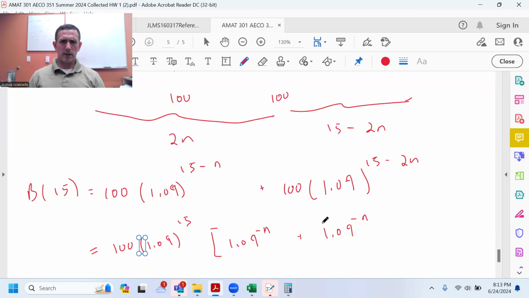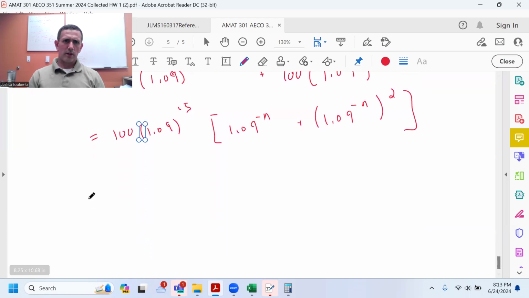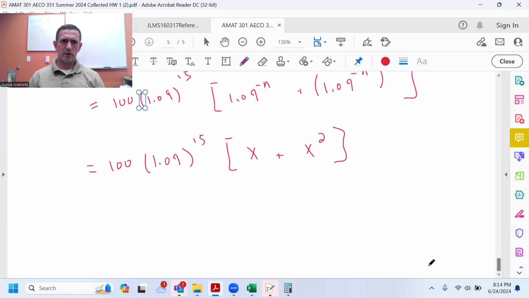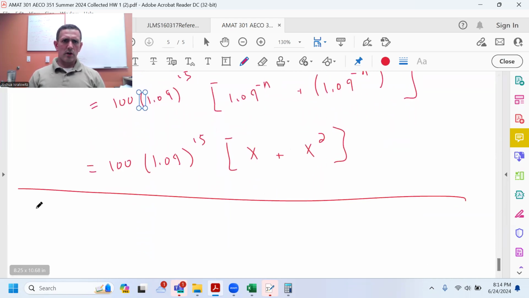Minus 2n is the same thing as 1.09 to the minus n squared. So set this to be x. 100 times 1.09 to the 15 times x plus x squared. So, what does that mean? 400 equals 100 times 1.09 to the 15. Now we divide by this whole thing and then use the quadratic formula.